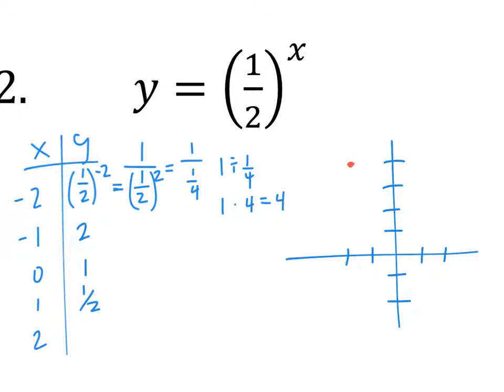And 1/2 to the second is 1/4. So the graph looks like this. This also doesn't go below the x-axis. It's going to get smaller and smaller as it goes, but it will not get to 0.